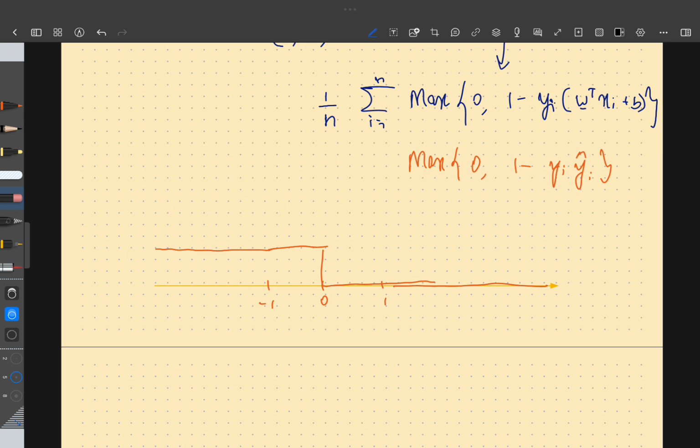Sorry, I should say, let's see, sign of x less than or equal to 0.